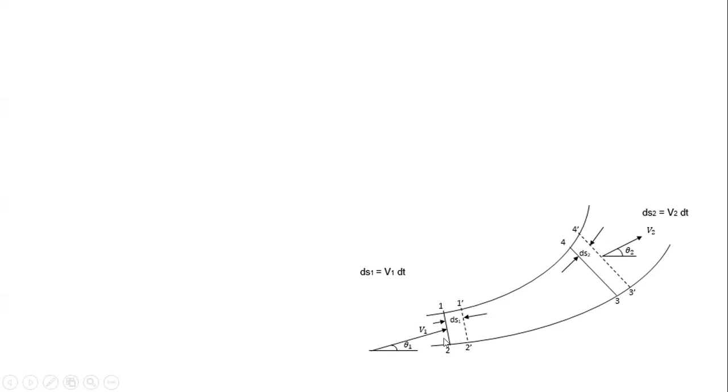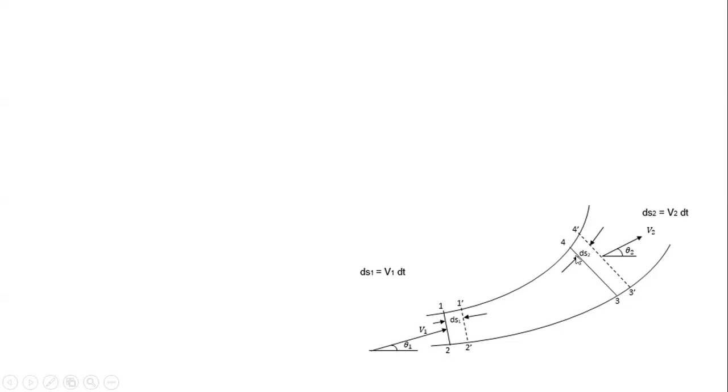Fluid which was between 1-1' and 2-2', that volume there, you can call it volume 1, or the discharge through there, including section 2 trapped by 3, 4, and 3', 4' between the solid line and the dotted lines.